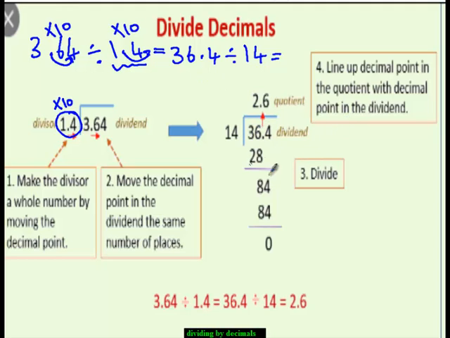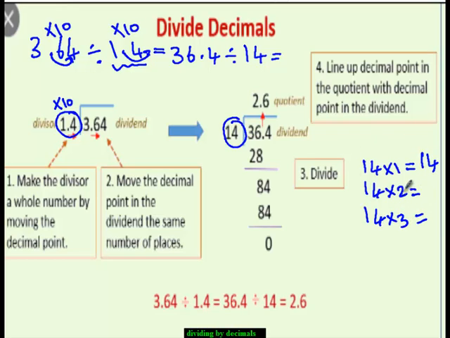Then I'm going to do my long division as usual. So this is the table of 14: 14 by 1, 14 by 2, 14 by 3, and so on. 14, 28, and 12, so 2 and carry 1, 3 by 1 is 3, plus 1 is 4. Then I'm going to count how many places I have: 1, 2, 3.